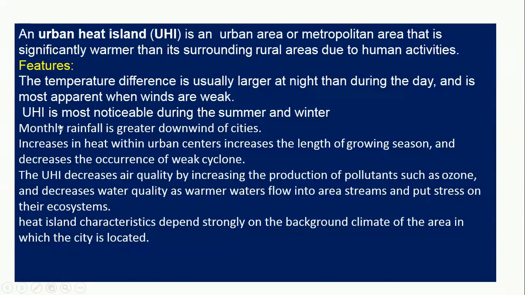The urban heat island is most noticeable during summer and winter both. Monthly rainfall is greater on the downwind side of the cities.